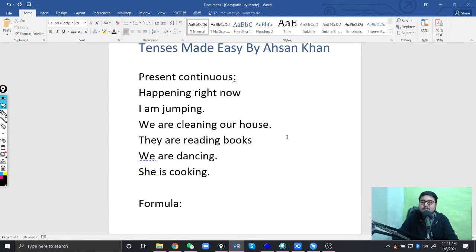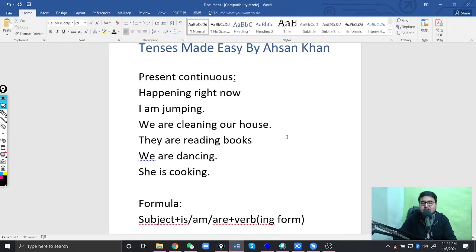So the formula for present continuous will be subject, obviously, and in our last lesson I told you what is subject. It's the person or something that is doing that work. So subject plus is, am, are after the subject, plus verb ing form.